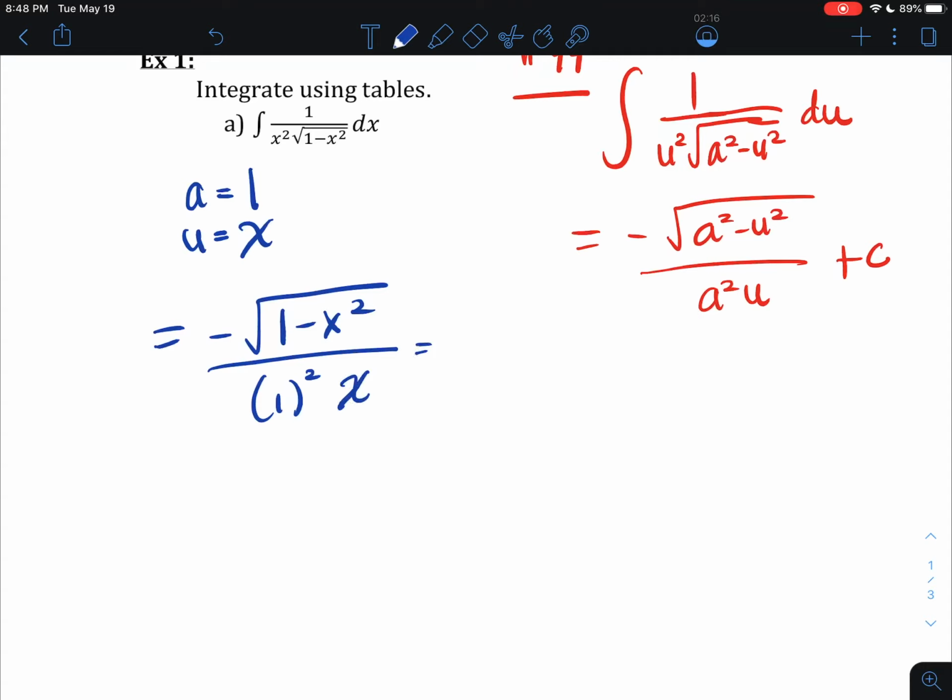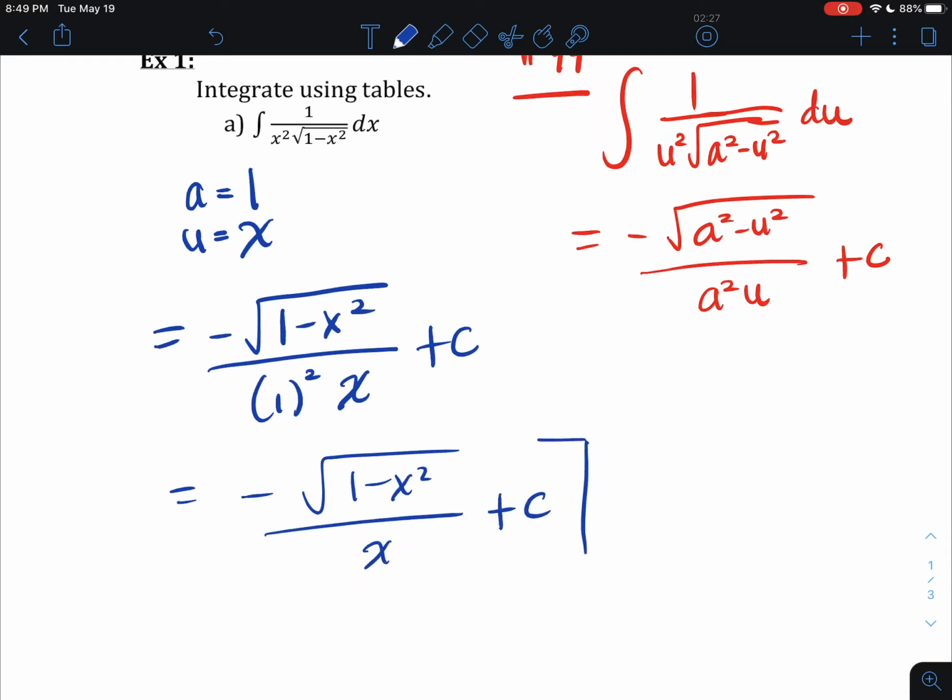Oh, sorry, I forgot plus c. So this equals negative square root of 1 minus x squared over x plus c. And we're done. The hardest part of this is finding the actual formula that you need.